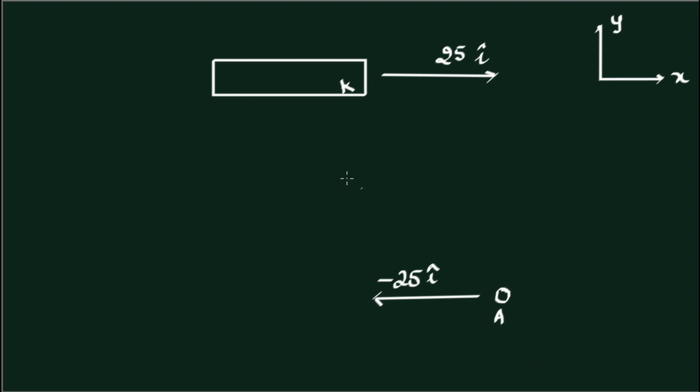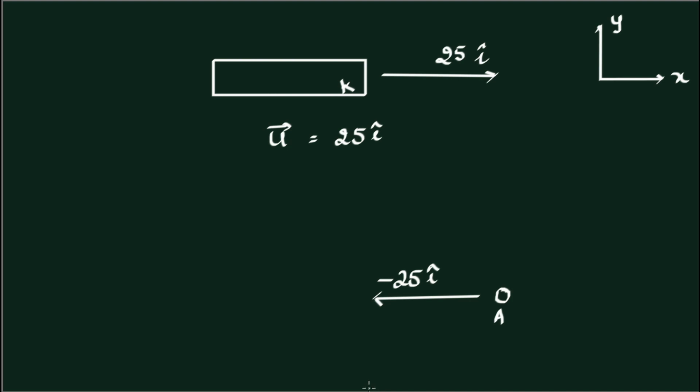So, from Adityan's point of view, let us call the train's velocity u, which happens to be 25 i cap. And from Kundavai's point of view, the tree's velocity is minus 25 i cap.